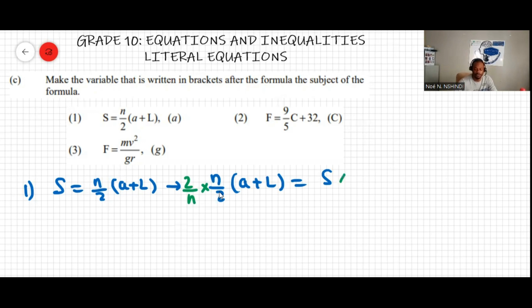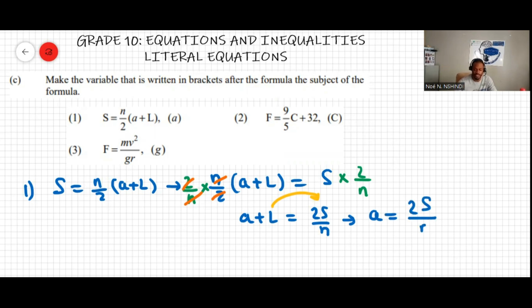So I'll do the same also on the right-hand side to maintain the equation. So the 2 and 2 will cancel, N and N will cancel, and we are left with A plus L equal to S times 2 over N, that makes 2S over N. Now, we can just move this L over, and A will be equal to 2S over N minus L.